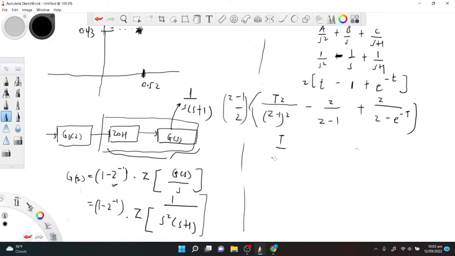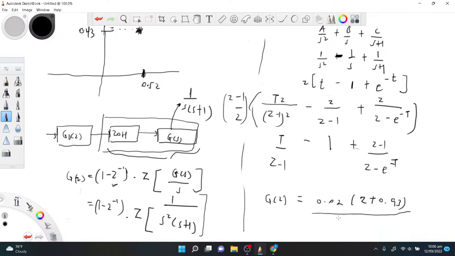Here you get C over z minus 1 minus 1, here this will cancel this, minus 1 plus z minus 1 over z minus e to the minus T. Right? So now you simplify this, reduce this fraction and put in your T to be 0.2. So you get your G of z to be equal to 0.02 multiplying z plus 0.93, all over z minus 1 multiplying z minus 0.82.